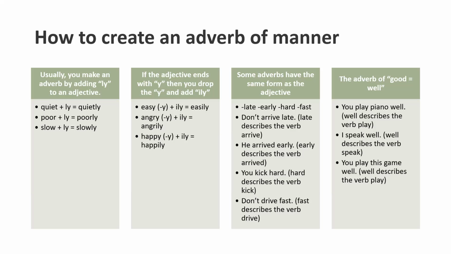In this case, we are going to use "well." The correct form is "You play piano well." The other example, "I speak well." And the last, "You play this game well." In this case, "well" describes each verb that we have here.